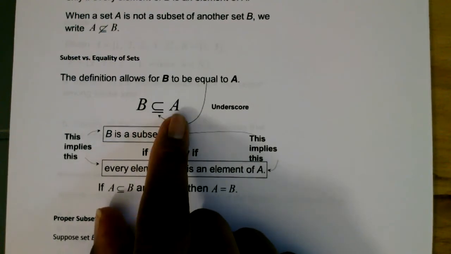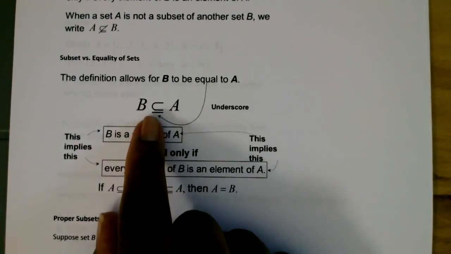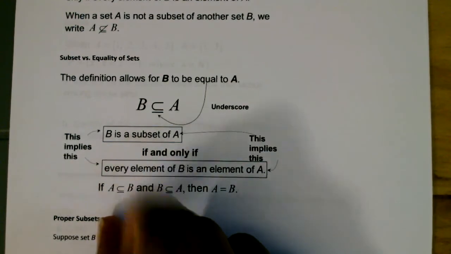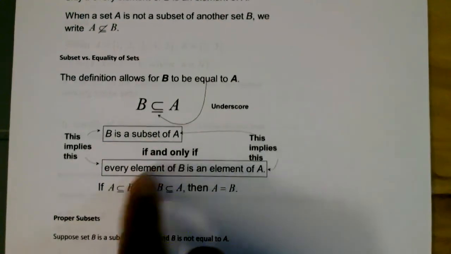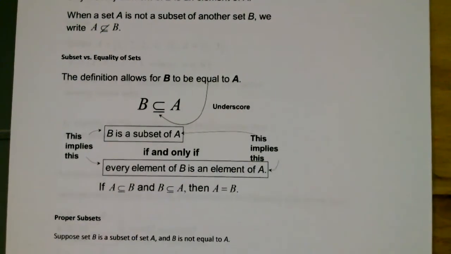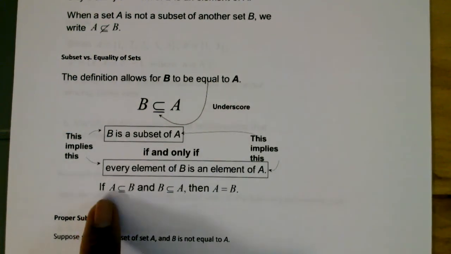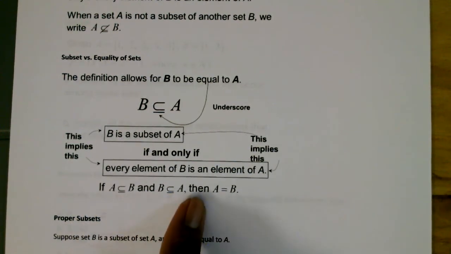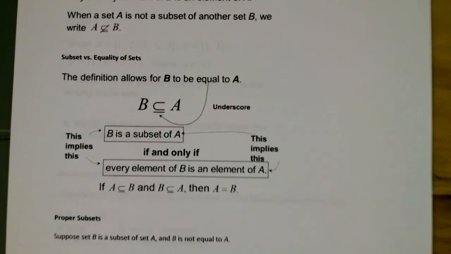B is a subset of A, which is what that means, if and only if every element of B is an element of A. And of course, if A is a subset of B and B is a subset of A, then that means that A is equal to B.